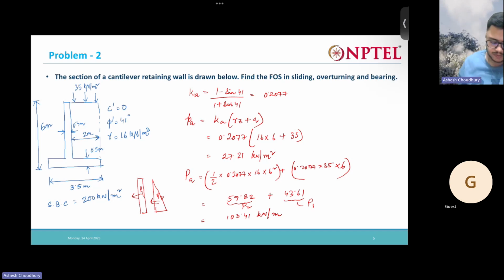So now what we'll do, we will write all the forces and the moment terms, and then we will calculate the moment, the total vertical load, all the stuff we will be calculating next.